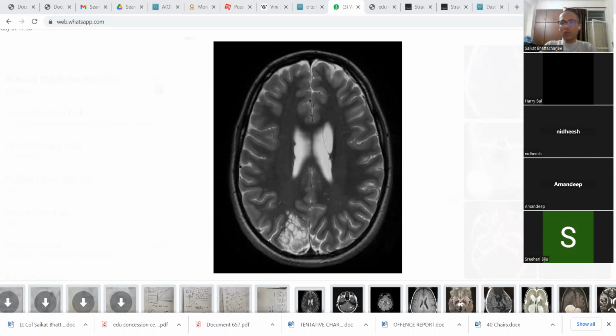Okay, describe quickly and diagnosis. So, a well-defined cortical-based lesion in the right parietal lobe with multiple septations producing a soap bubble appearance.